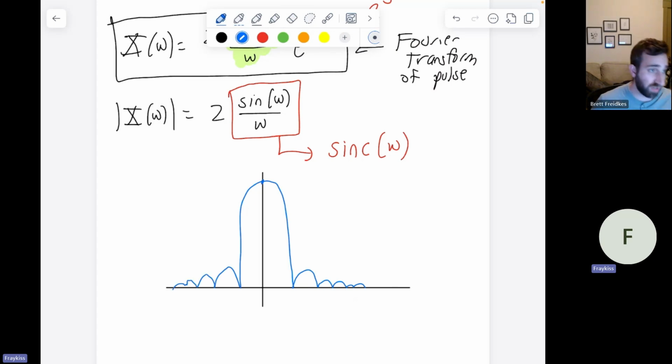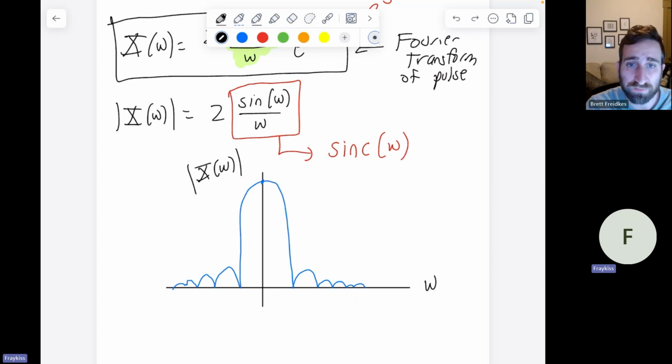On the x-axis is omega and on the y-axis is the magnitude of the Fourier transform. And we multiply by a factor of 2 because that 2 is here. But in general, this is the shape of the sinc function.